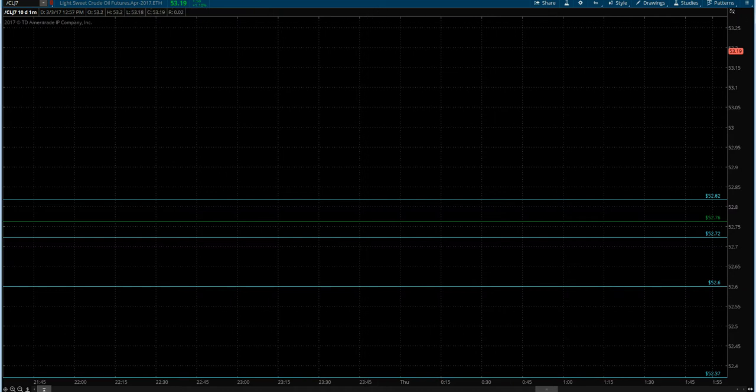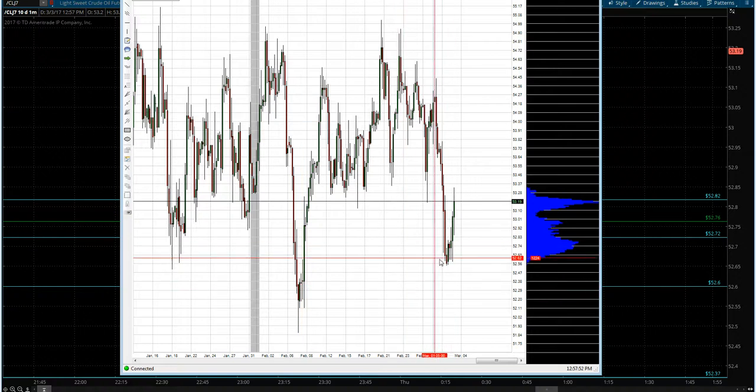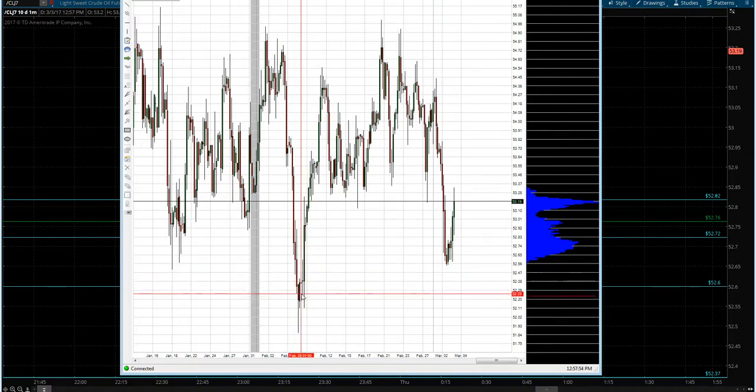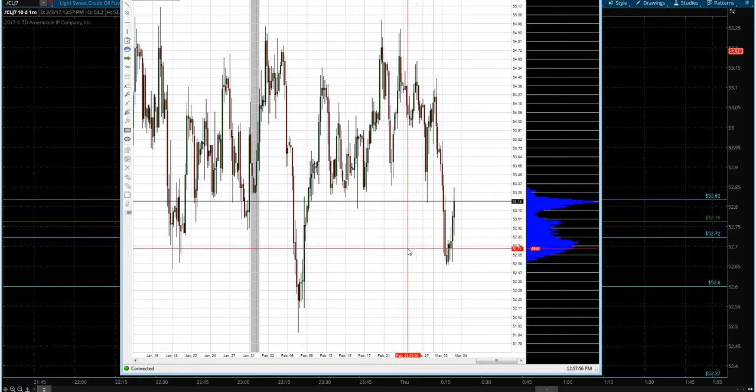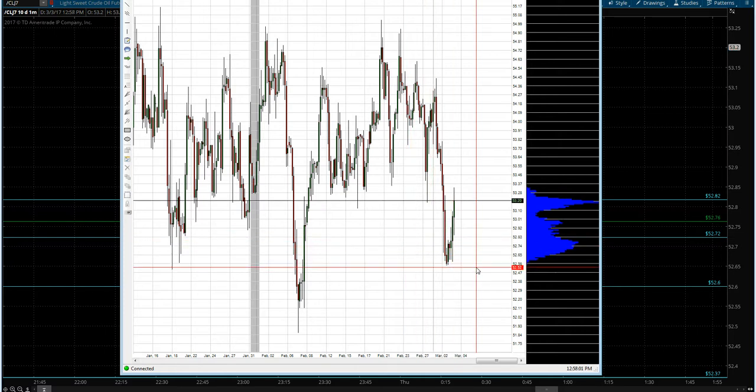So this is just a 1 minute chart. Let me bring in a 4 hour chart. Basically here I'm already looking for any levels for a turn-in price. What I mean by turn-in price is that a reversal might take place, a possibility of a reversal.